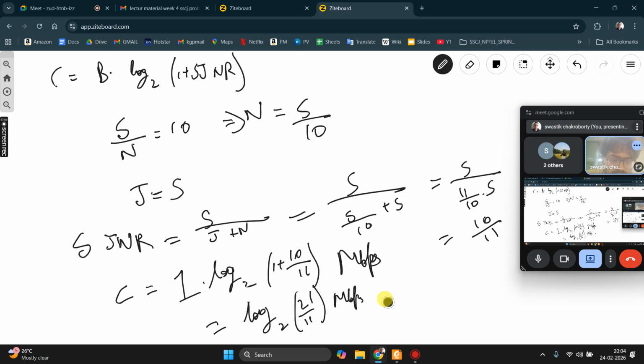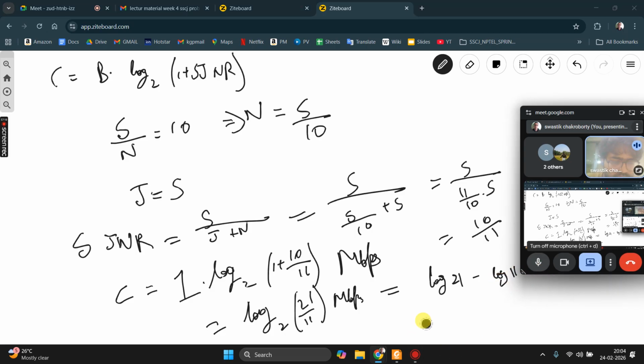You just do log 21 minus log 11 in the calculator. Let me recheck. Yes, it is 0.28 Mbps.